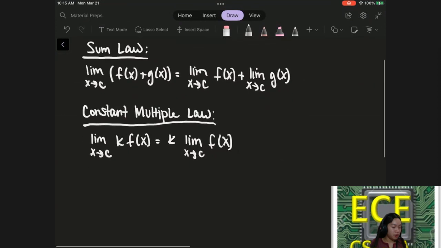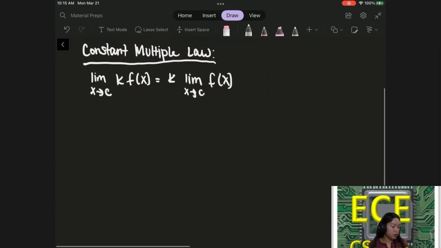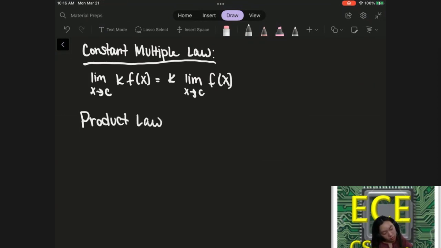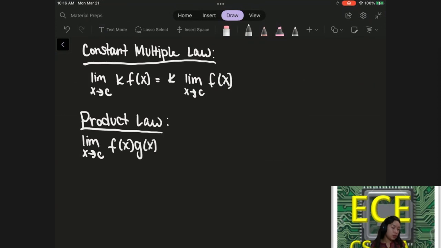Okay, moving on, I'm going to do next the product law. Okay, so the product law is the limit as x approaches c of f of x times g of x.